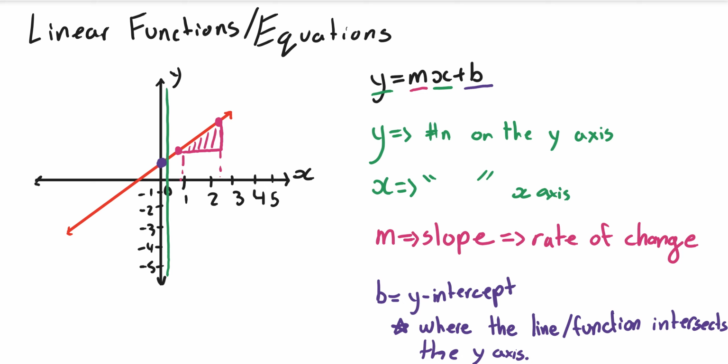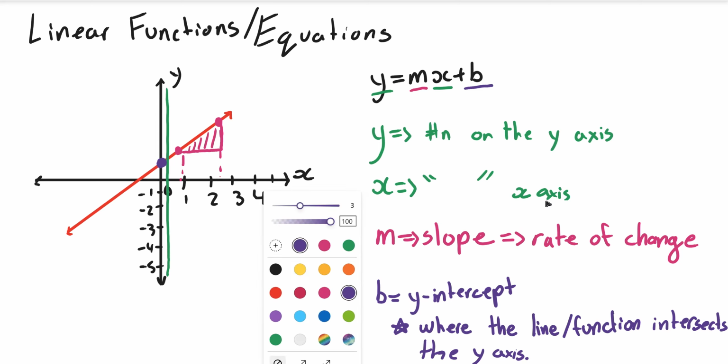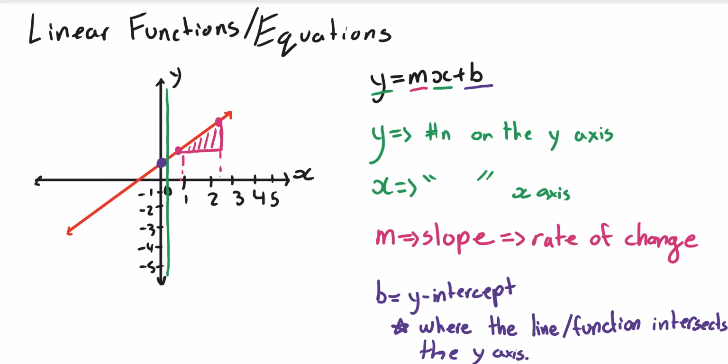The x in our equation represents any number on the x-axis. Our slope represents the rate of change, or how much our line is increasing by per each x value. And our b represents our y-intercept, which is where our line intersects with the y-axis.